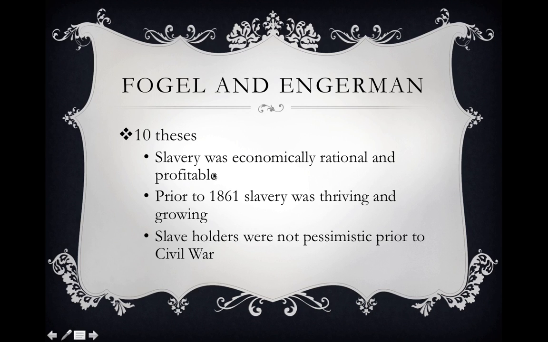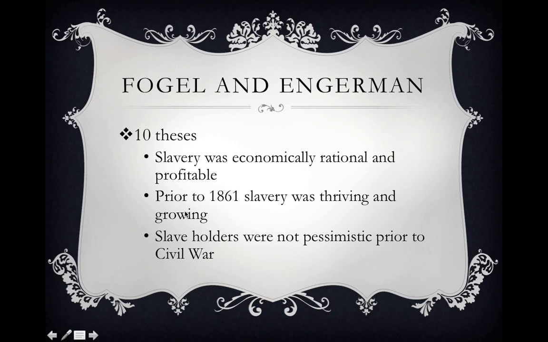So they say it's profitable, and when they say rational, they're not talking morally or ethically rational. They're just saying that the institution itself was profitable, that in a rational and economic sense, for individuals attempting to maximize profit, the system of slave labor was more profitable than other types of labor available to the plantation owners at the time.